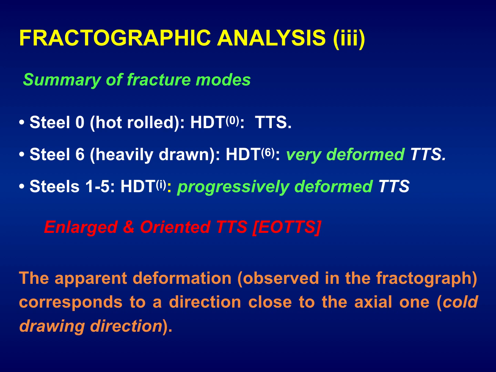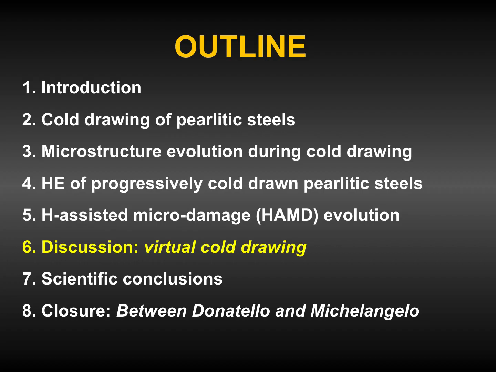And from steels 1 to 5, HDTi, progressively deformed TTS. Then we have a topography of the kind of enlarged and oriented TTS, EOTTS, for the most heavily drawn steels. And the apparent deformation observed in the fractograph corresponds to a direction close to the axial one, the cold drawing direction.